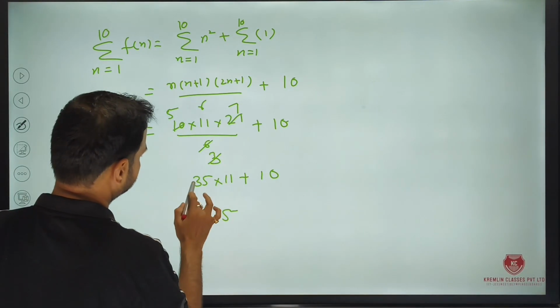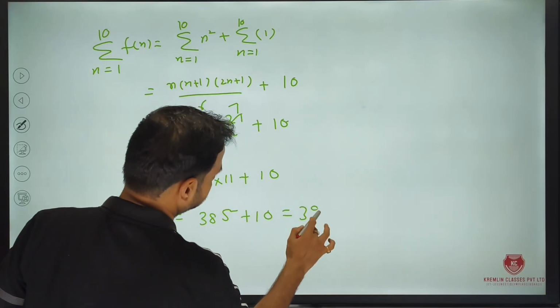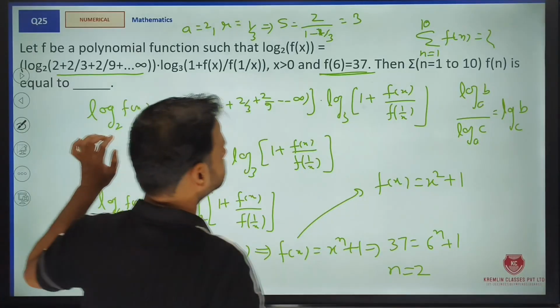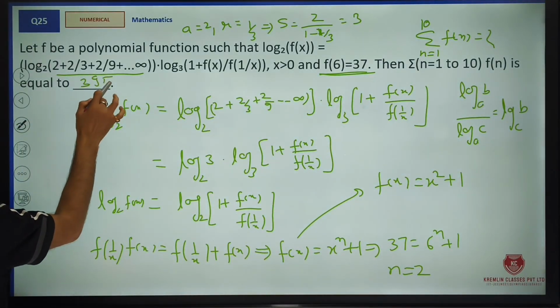That is 385 plus 10. So the answer is 395.